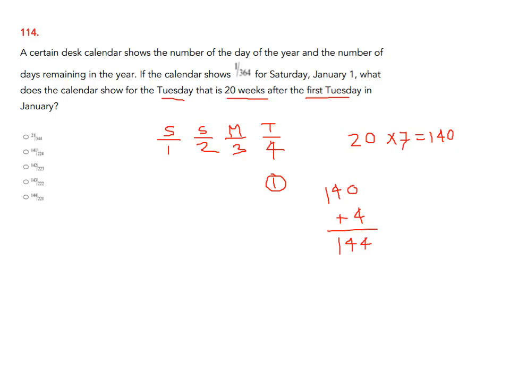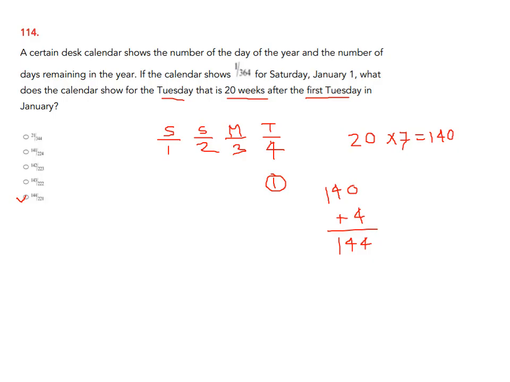So now add 4 to 140. So we get 144. So our answer will be option E, 144 divided by 221. Why 221? Because you need to subtract 144 from 364.